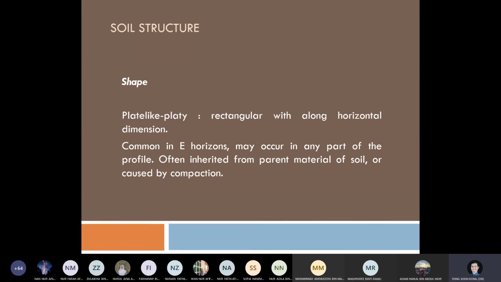Okay, the next one is the plate-like, platy structure. These are the structures that we saw earlier. Plate-like, they have layers after layers of soil texture. And here they say it is common in the E horizon. So let's do a recap again. It starts with O, then A, followed by B horizon.